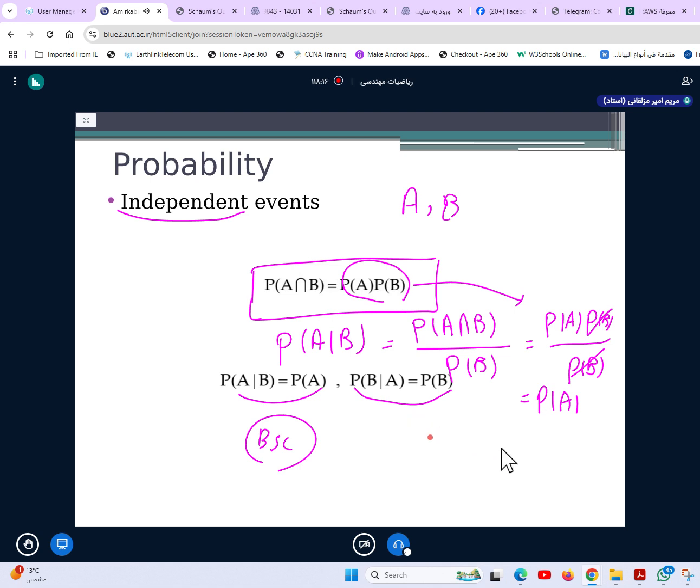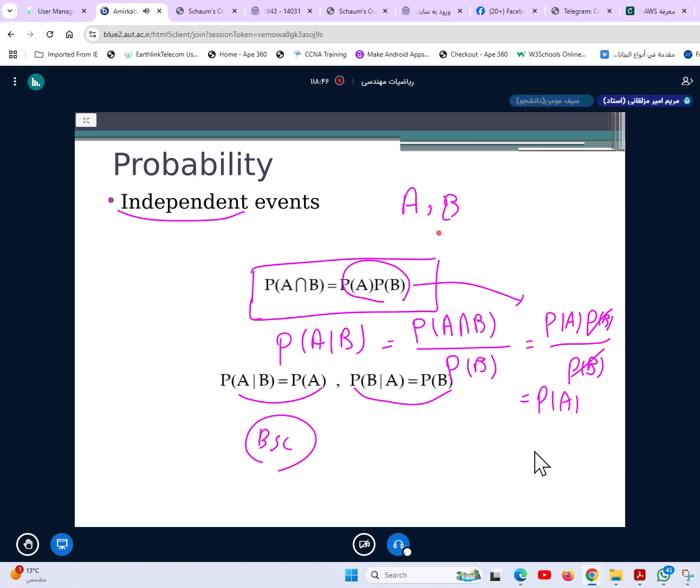And in a similar way, we can also prove that the probability of B given A is equal to the probability of B. What's the meaning of the probability of B given A being the probability of B? It means that knowing A has no information about B. It means that A is not related to B, that A is independent of B. Okay?